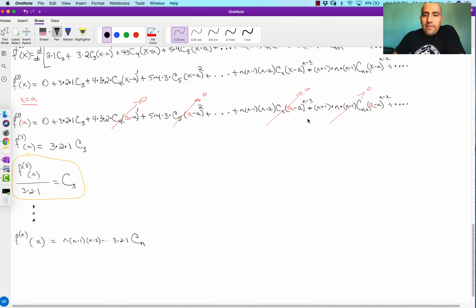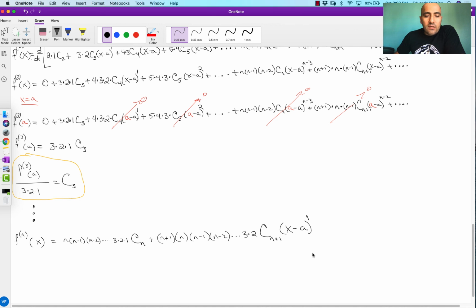And now if we pay attention to the one that came after it, just to make sure that the pattern is continuing, the countdown started at n plus 1, so the one right next to it would be n plus 1 times n minus 1 times n minus 2, dot, dot, dot, until we get to this countdown of like 3 times 2 times c sub n plus 1, x minus a to the power of 1.